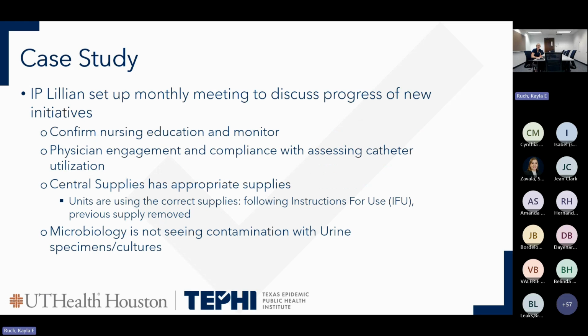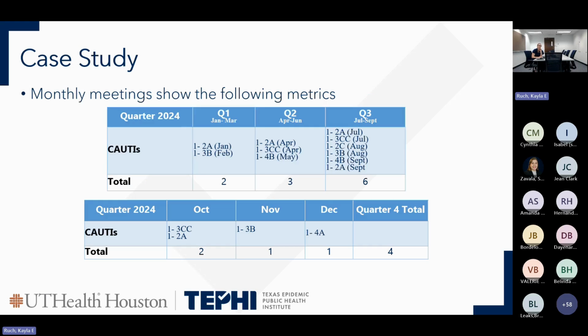So after IP Lillian meets with multiple different engaged people, she confirms that nursing education is being monitored, physician engagement and central supplies have been appropriate, and microbiology is not seeing contamination with urinary specimens and cultures. And so we start seeing our numbers shift after we have met with all 4 departments.